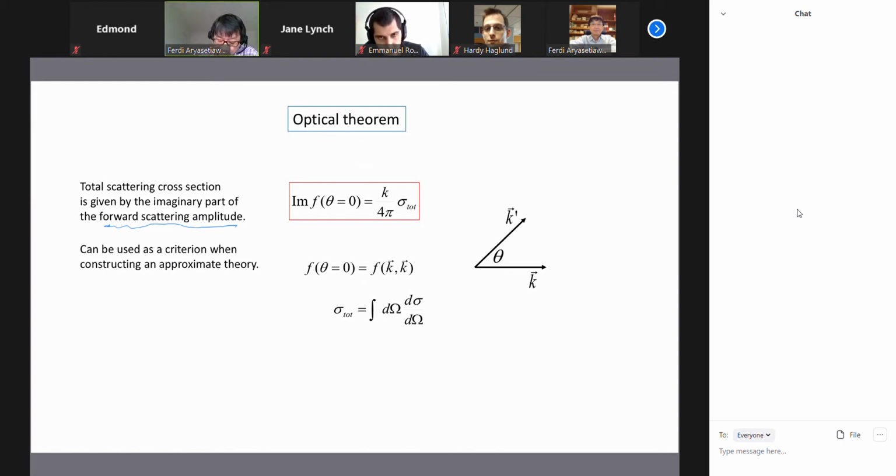So this is the definition of sigma total. So you integrate over the solid angle, the omega.